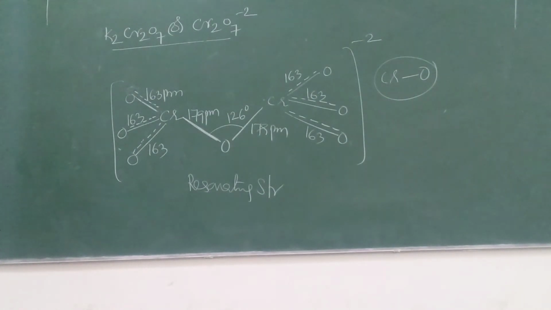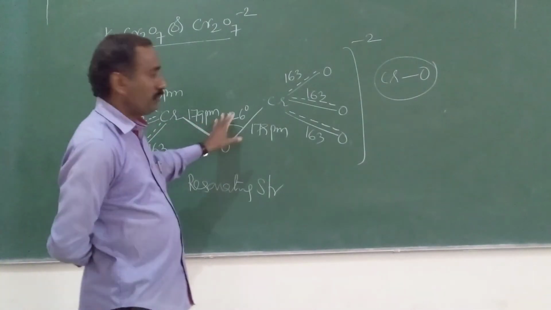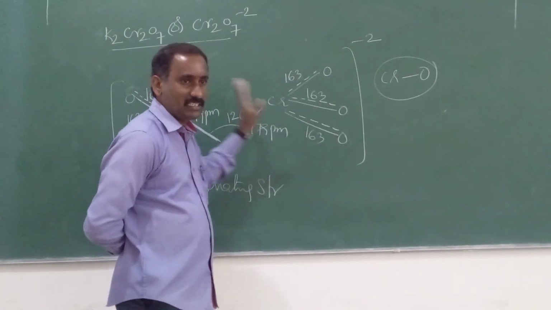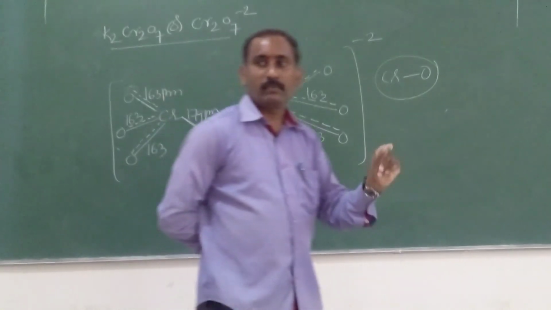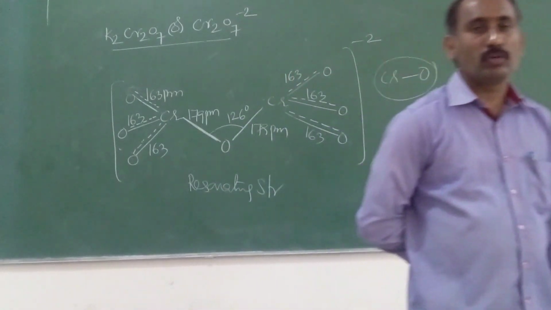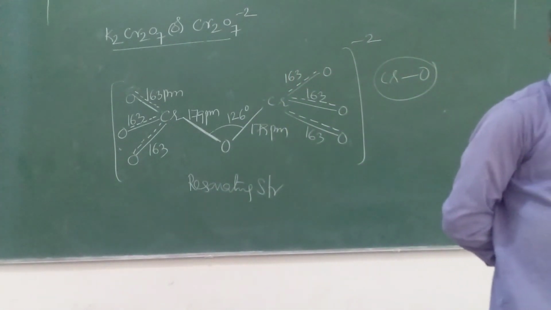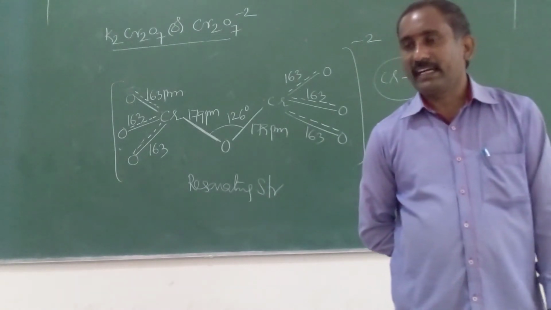That means same bond length. There is no need to remember exact values. Just for understanding purpose, here I showed 163, 163, 163. Just you should remember how many bonds are equivalent. 6. This is about structure of dichromate.